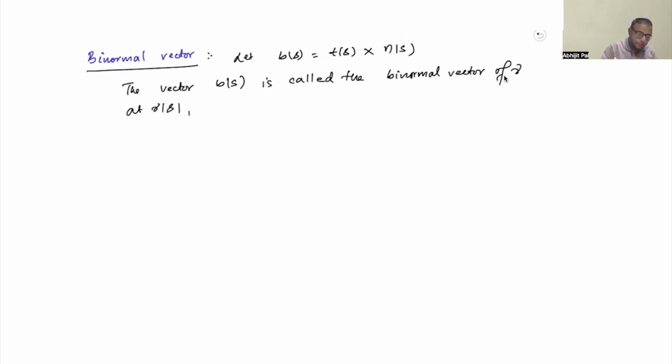Okay. And because this tangent vector and this normal vector that we have taken are unit vectors, the vector product will also be a unit vector.